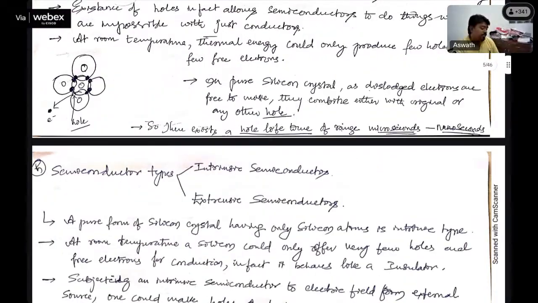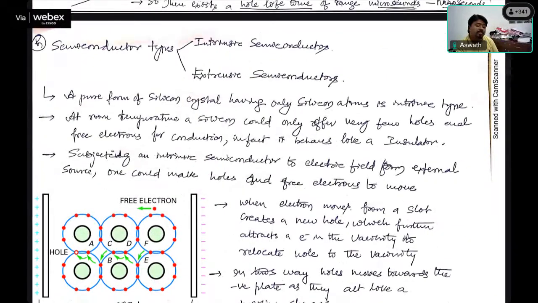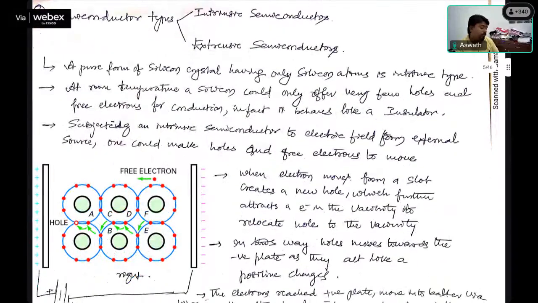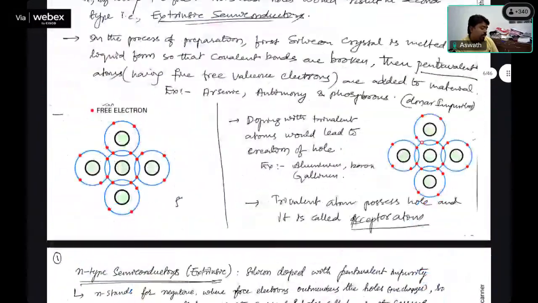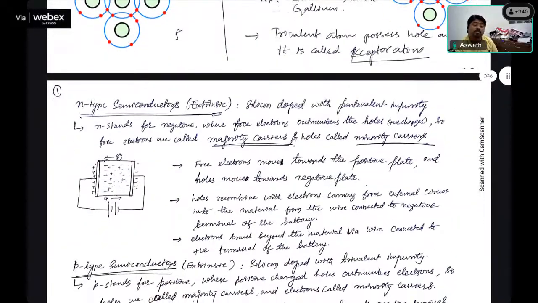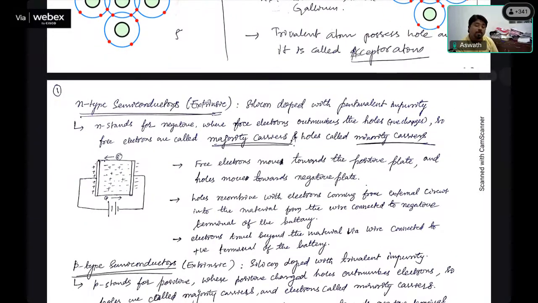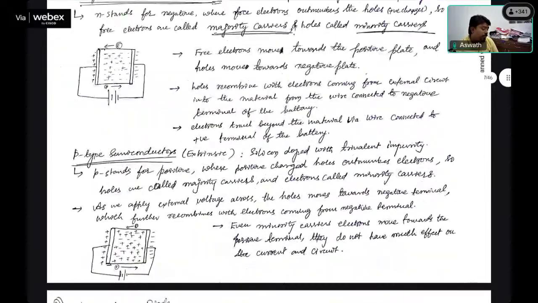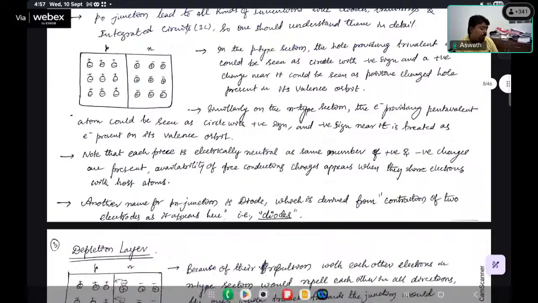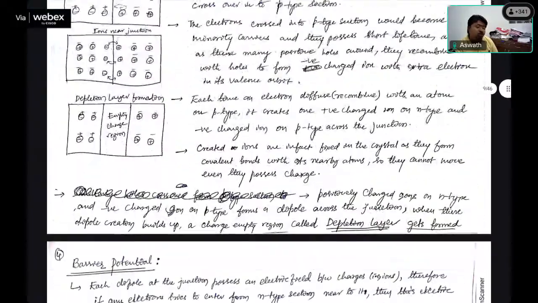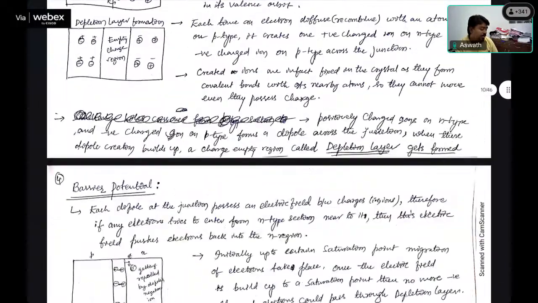Intrinsic means naturally existing semiconductors. Extrinsic means I create them by doping. When I dope, what happens? When I bring two different kinds of semiconductors, N type and P type, together, it forms a PN junction that becomes a diode. We take two diodes and put them together, it becomes a transistor.